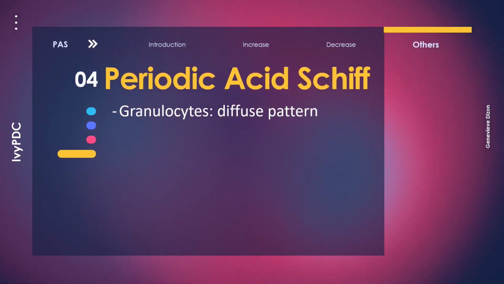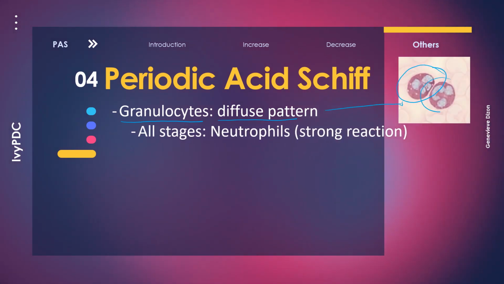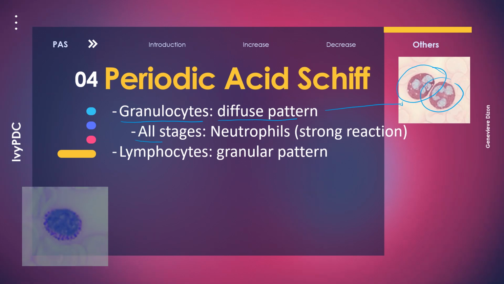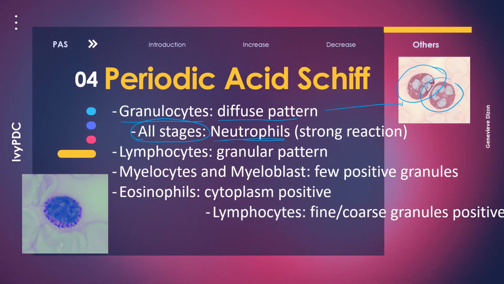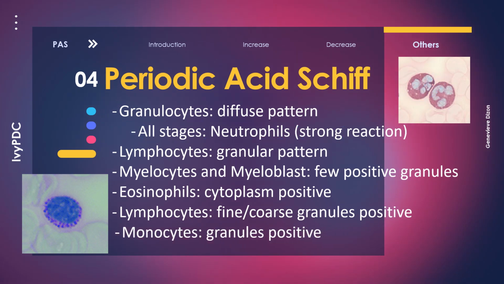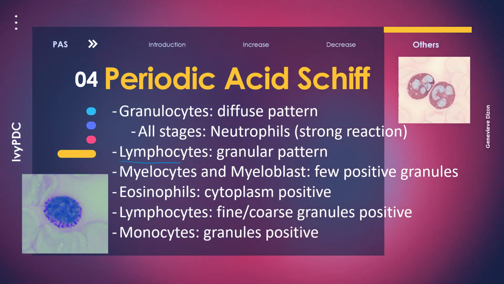To differentiate the different kinds of patterns in each of the different kinds of cells, granulocytes will normally have a diffuse pattern as seen in this picture. It will show this pattern in all of its stages, but with the mature neutrophils giving the strongest reaction. Lymphocytes, on the other hand, is more of a granular pattern as seen in this picture, where granules on the cytoplasm are seen.